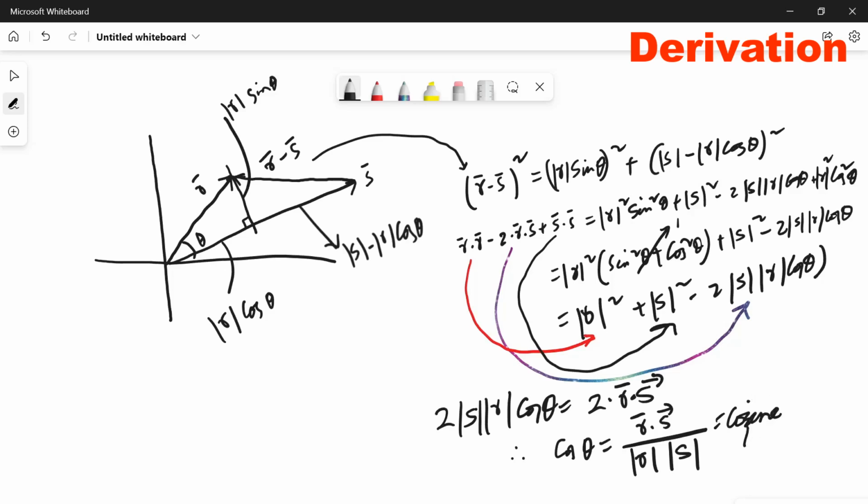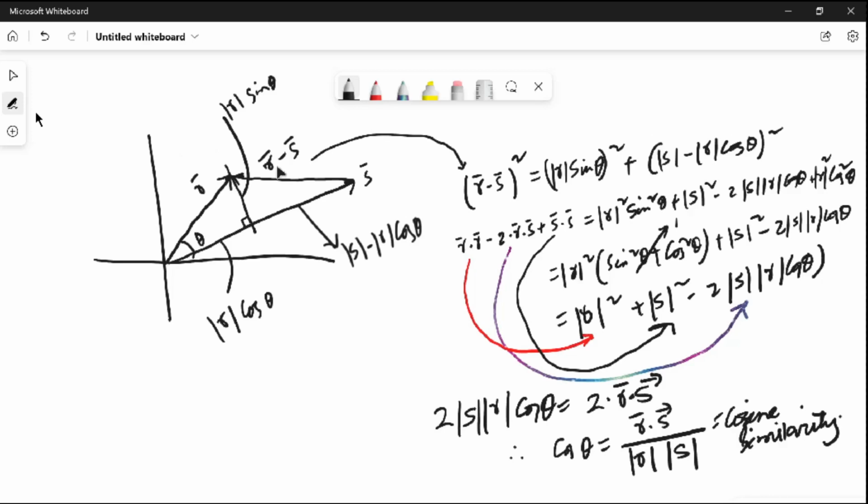This formula is for cosine similarity between these two vectors r and s. Cosine similarity determines whether the vectors are similar or not. Cosine similarity becomes highest when the angle between these two vectors is 0, and the lowest when the angle between these two vectors is 90 degrees.